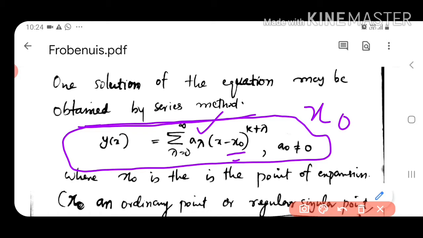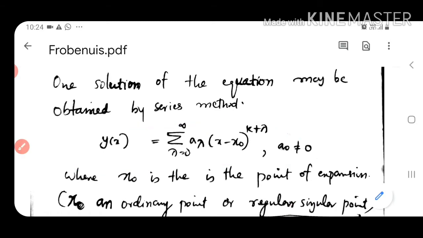So we have an infinite series here. Lambda takes values from 0 to infinity. The condition is a0 not equal to 0. So this is how we obtain the series solution. The solution has this form.